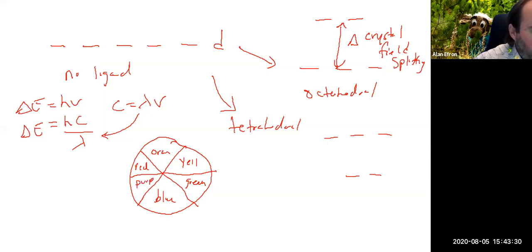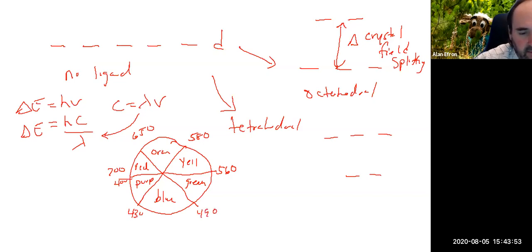Just in terms of energy, the wavelength here is 560 nanometers. We'll go 580 around here, about 650 here, about 700 over here, and 400 coming this way, then 430 and 490.